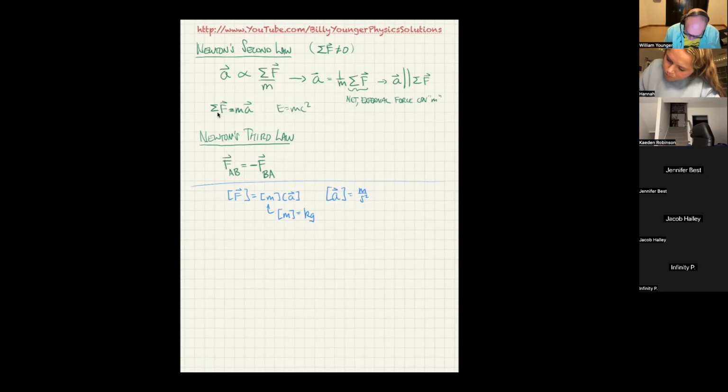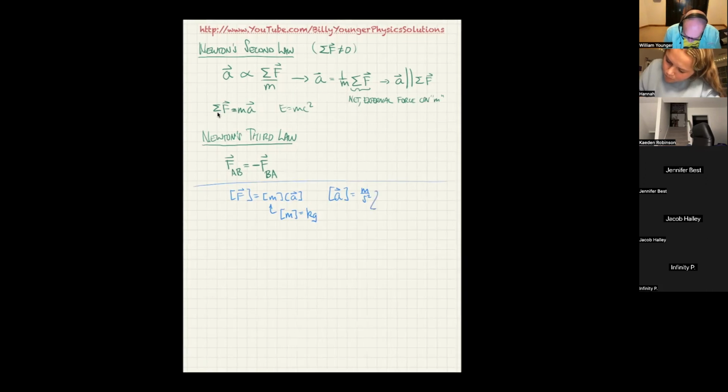So if you combine those two, you can see that the unit of force must equal the kilogram times the meter per second squared. And in fact, 1 kilogram meter per second squared is defined to be 1 Newton.